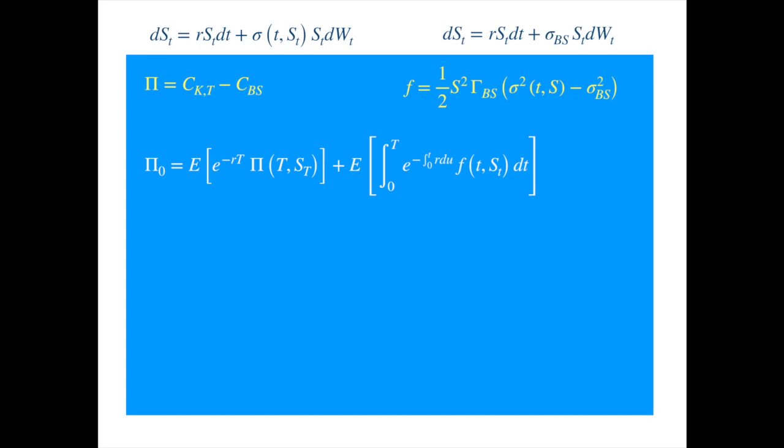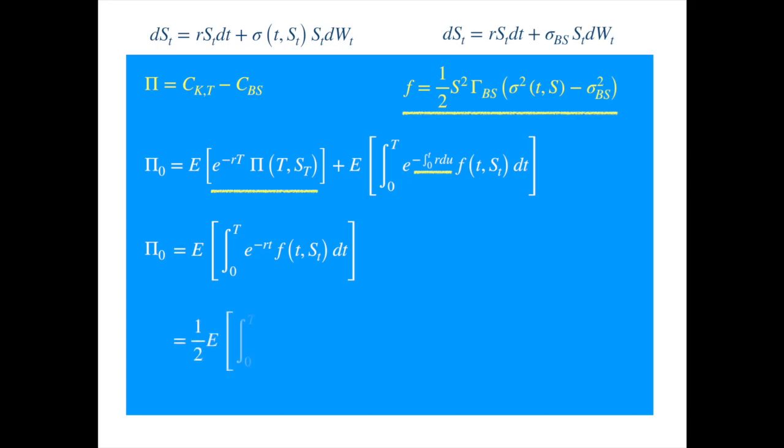So the first term is 0. And we can simplify the term inside the exponential. Because r is assumed to be constant, the integral of r from 0 to t is equal to r times t. So we get, now we can substitute the expression for F, which is the source term.